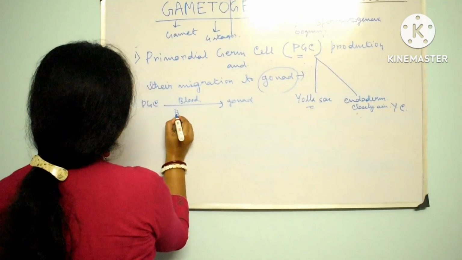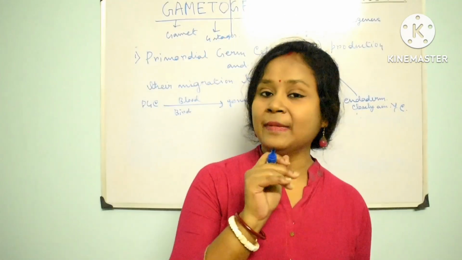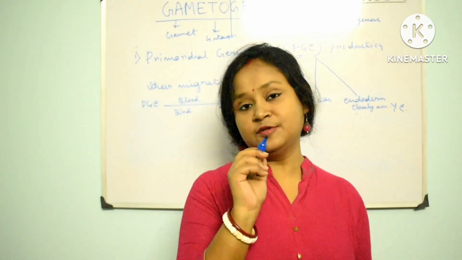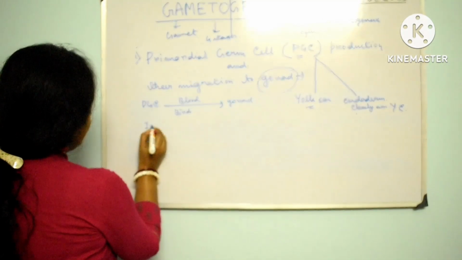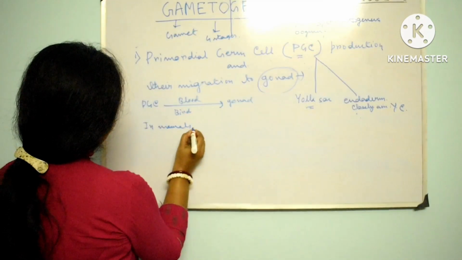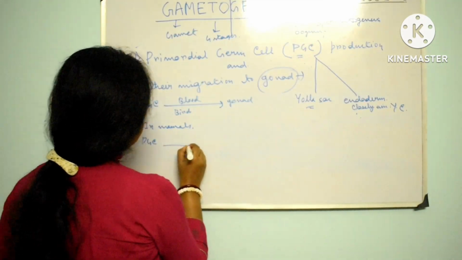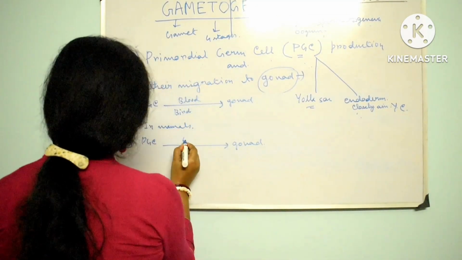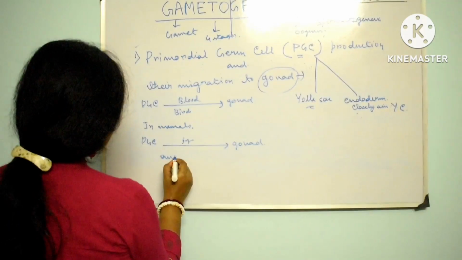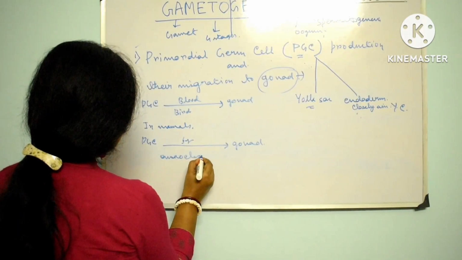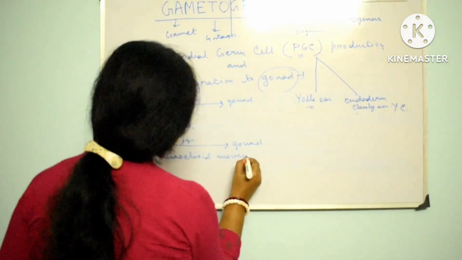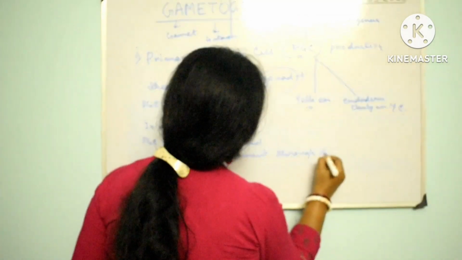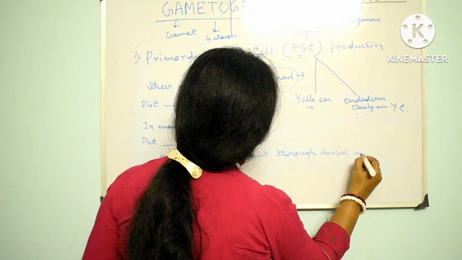And in case of mammals, PGCs migrate to the gonad by amoeboid movement through the dorsal mesentery.